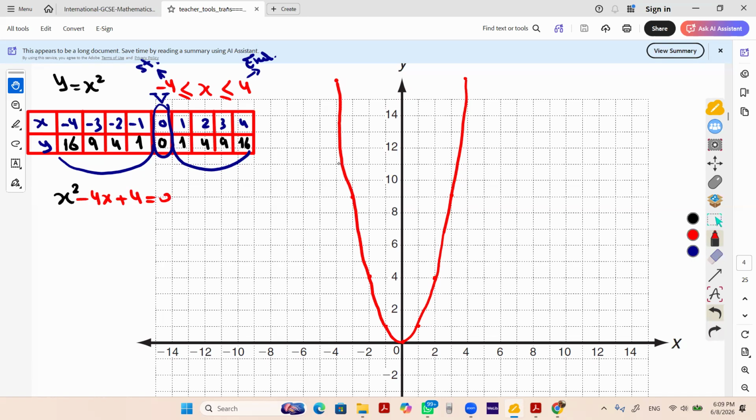Who can do this? We have to get x squared. This means that we have to isolate the x squared. What do we have to do? Rashid.